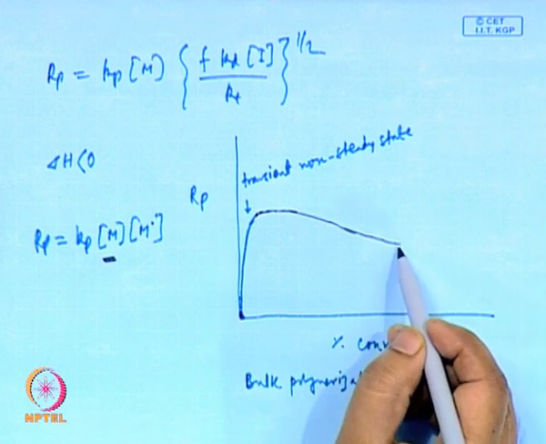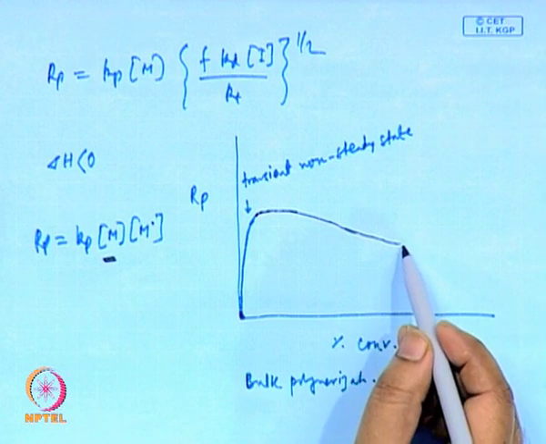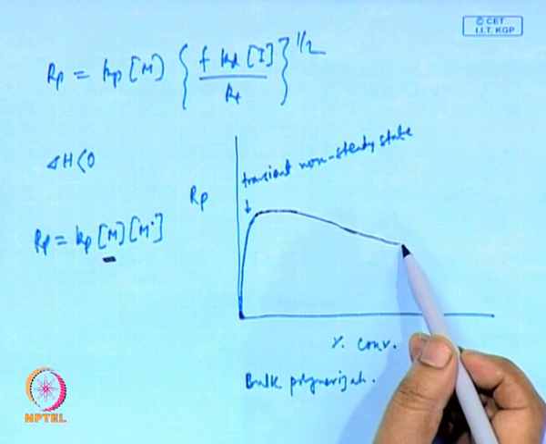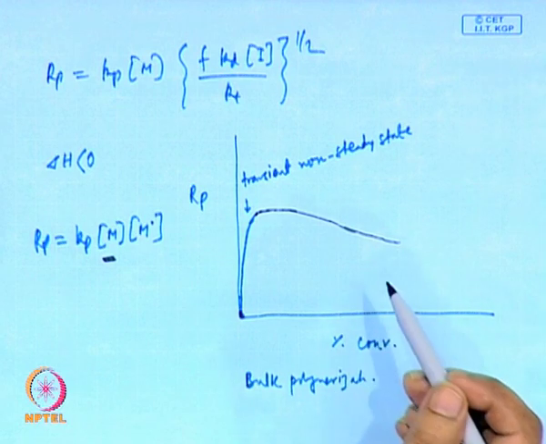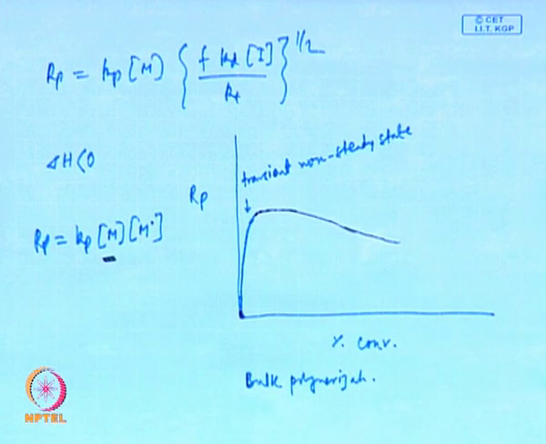Okay. Now, at this moment, if the medium viscosity is quite high, what happens? If the medium viscosity has become very high, so that the chains are not diffusing at the same rate as when the viscosity was lower.